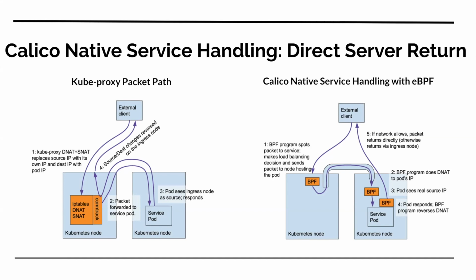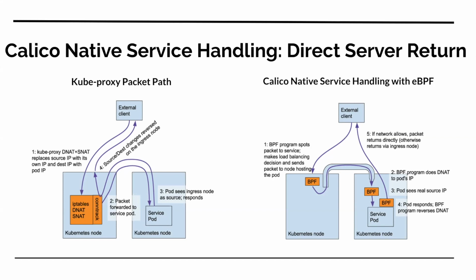And you can see it looks like a tunnel. So the forwarded packets are received by the Calico eBPF data plane on the node that hosts the service pod, which applies the DNAT before forwarding to the service pod. So when it applies the DNAT, it changes the destination IP from the service to the pod's IP. So that's the critical part.